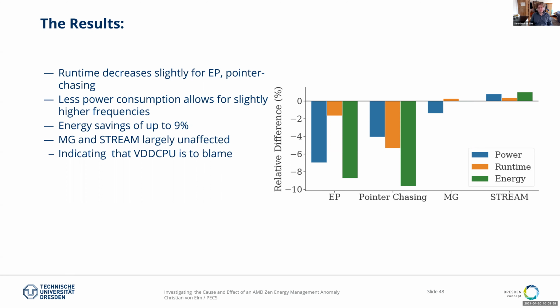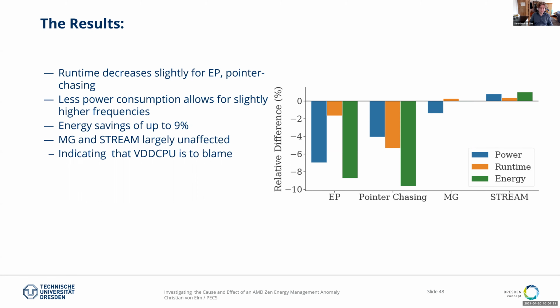This is due to what we have seen, as I've discussed, in the voltages, which is that after the anomaly happened, after the 28th core becomes active, the mean core frequency increases slightly.